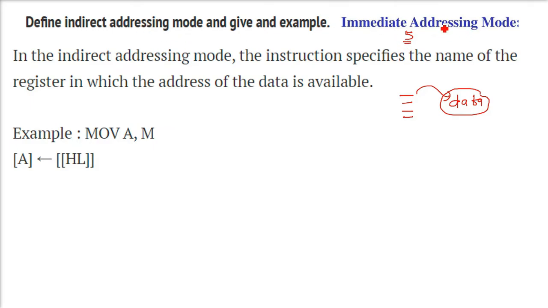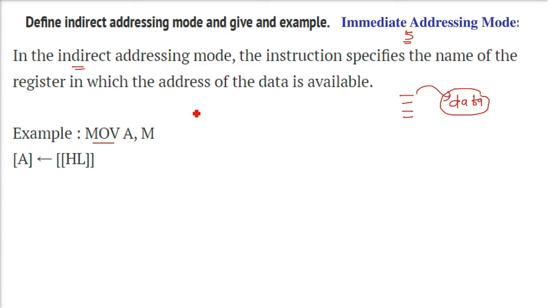In the indirect addressing mode, the instruction specifies the name of the register in which the address of the data is available. The instruction will indicate the name of the register, that register in which the address of the data is available. Did you get it? Okay, I'll show you with a diagram here. That diagram will tell you, because it is not direct, it is indirect.